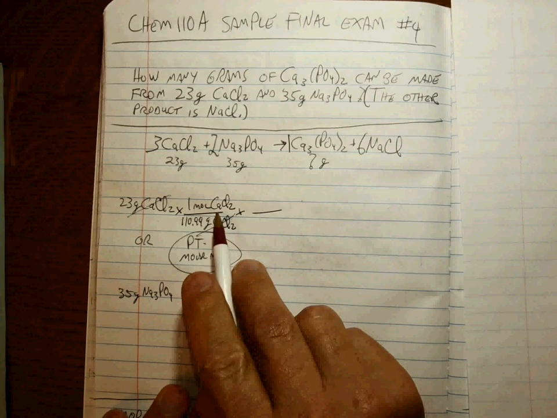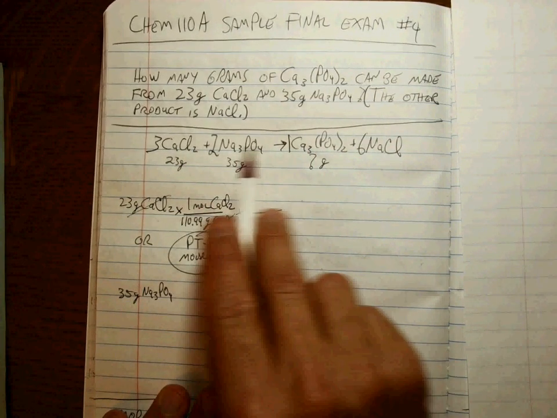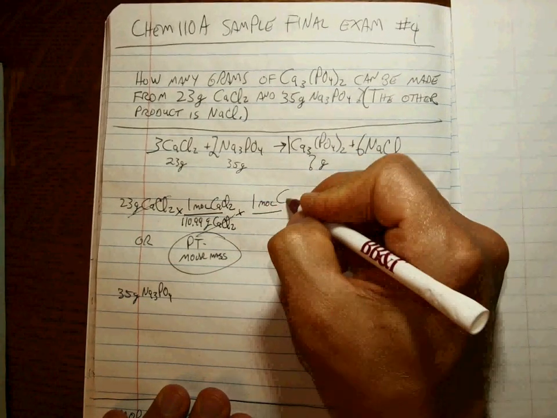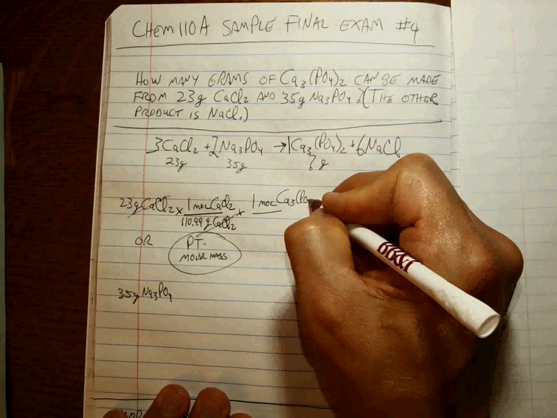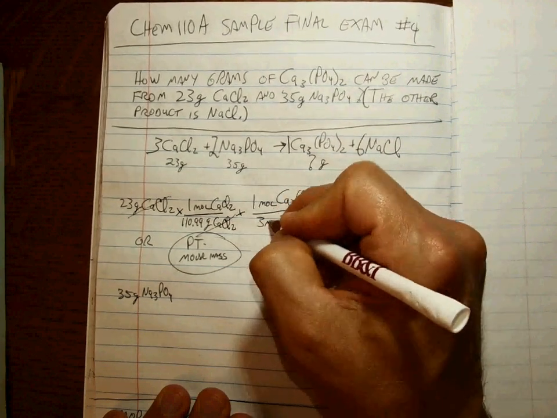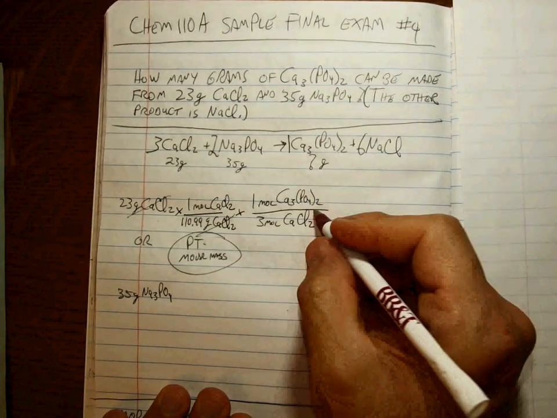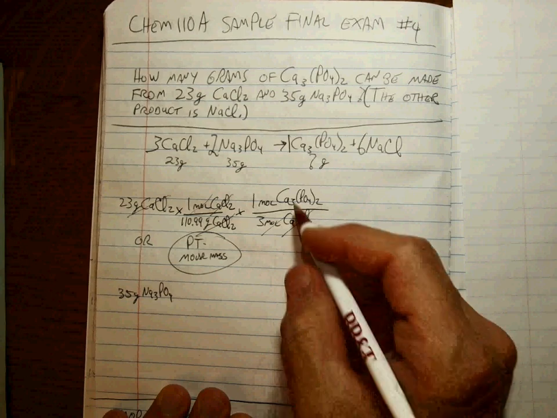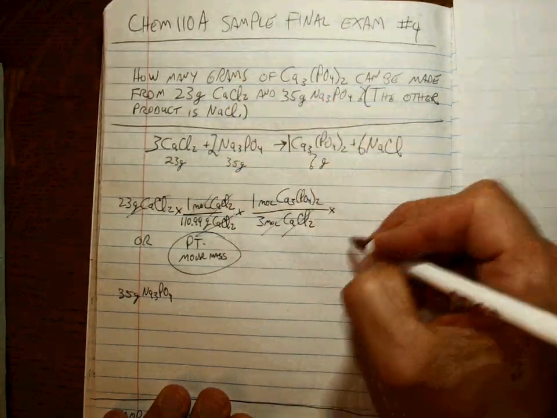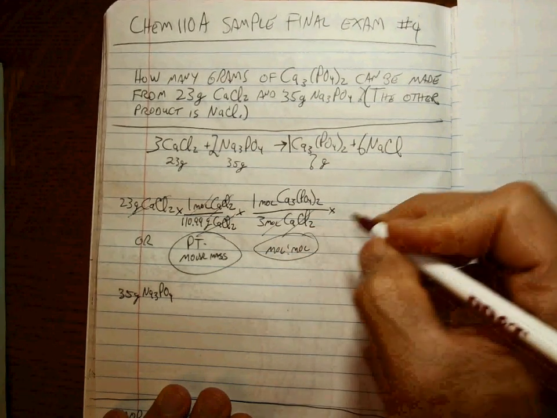Now that we're at moles of calcium chloride, the ratio here between what we want and what we started is 1 to 3. Canceling out something from before. Once we're at moles, we want mass in grams. We use the mole-to-mole ratio of the balanced equation.